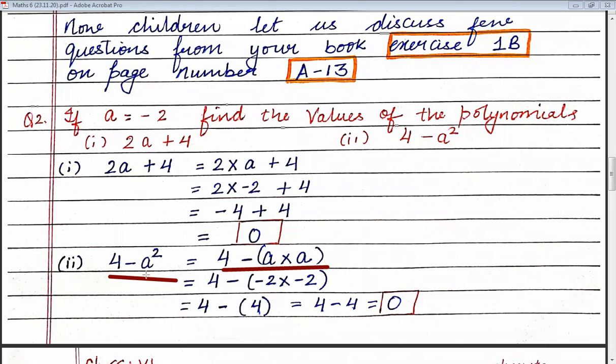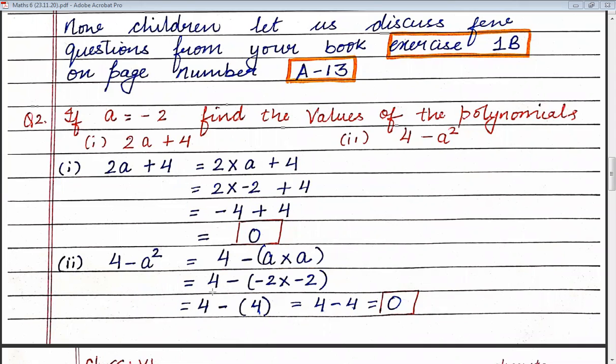So 4 minus a square means 4 minus a multiply a. Now we have the value of a in the question. You know that the value of a is minus 2. What is the value of a here? Minus 2. So now let us substitute the value of a here.